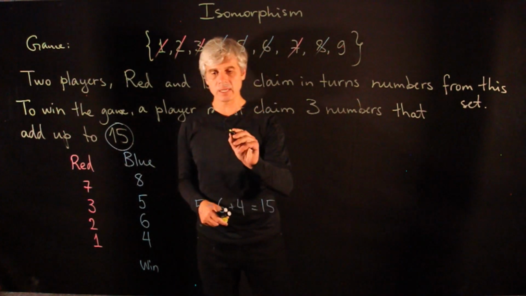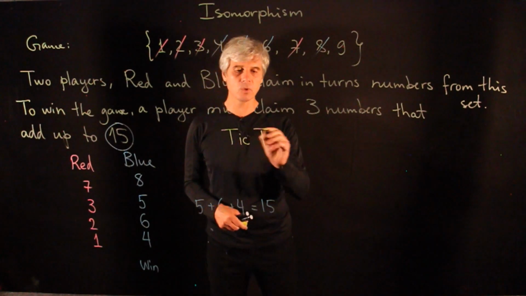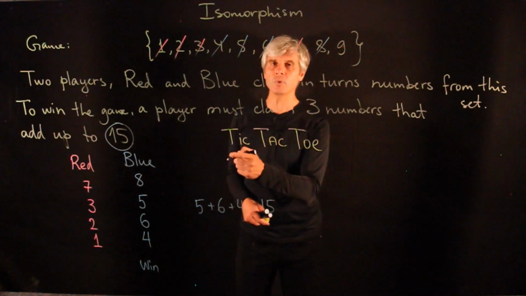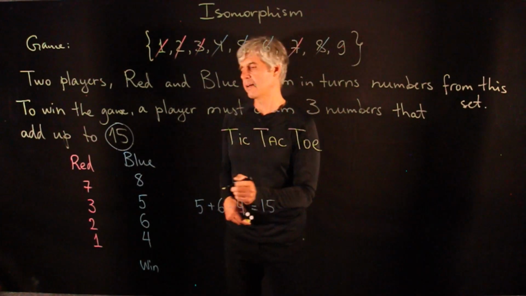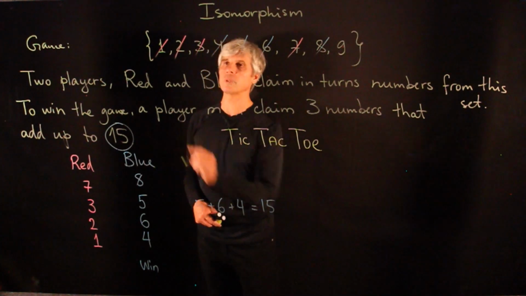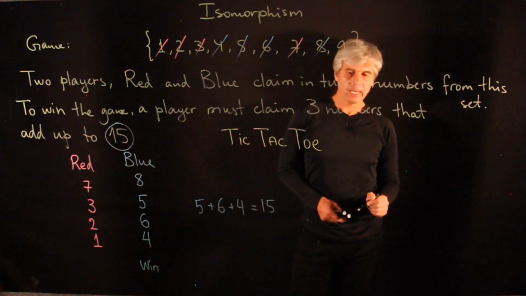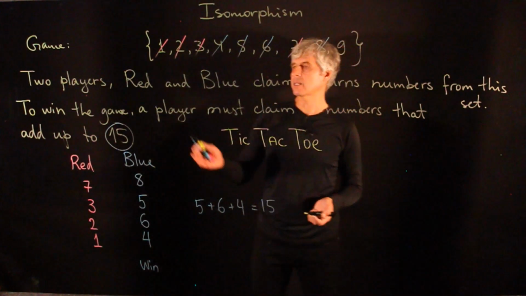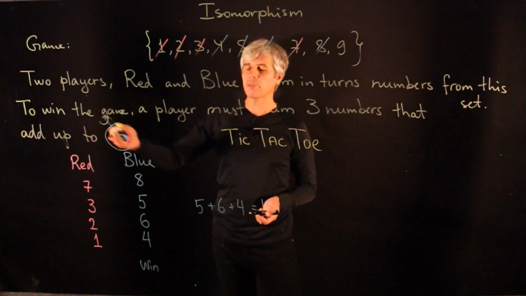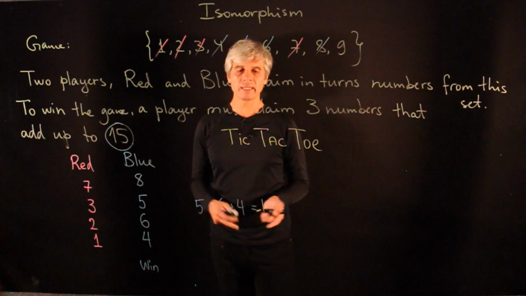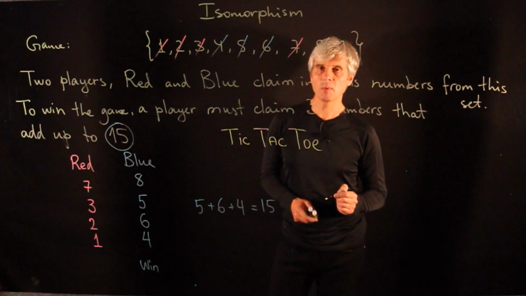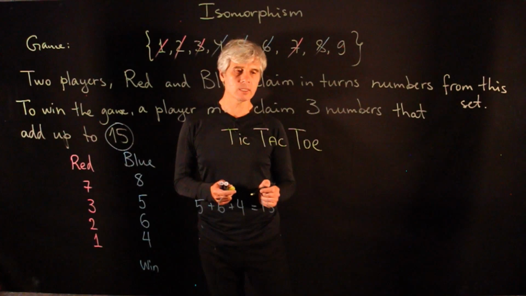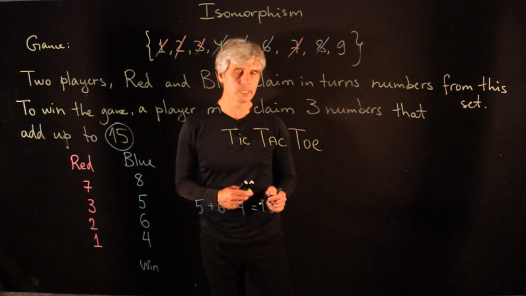And this other game is the game of tic-tac-toe. If you know how to play tic-tac-toe, then you will know how to play this game. So what I'm trying to say is that this game of picking three numbers that add up to 15 is isomorphic to the game of tic-tac-toe.